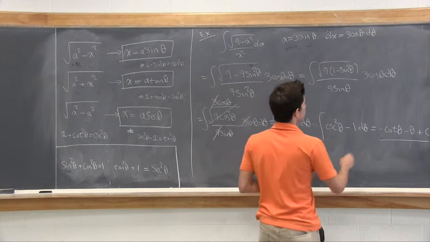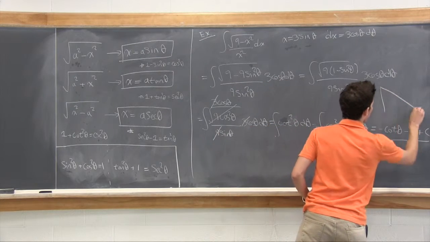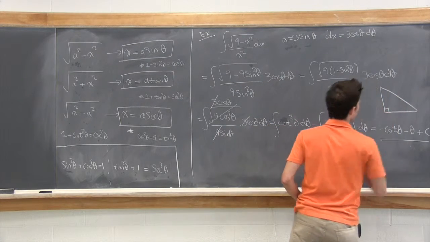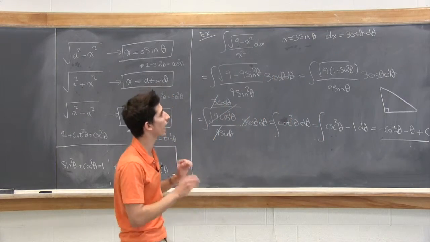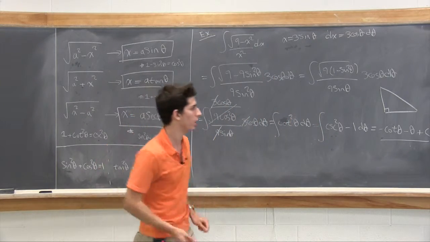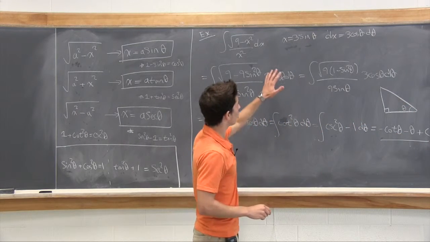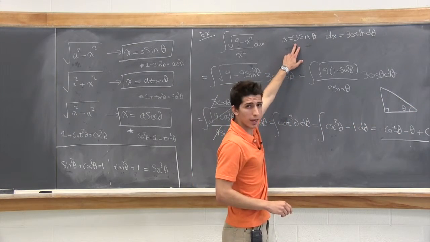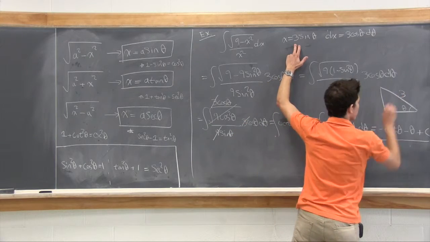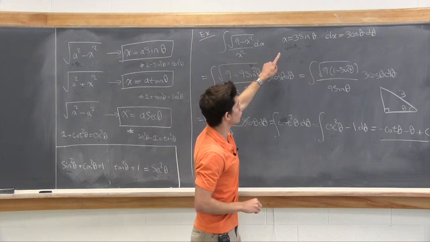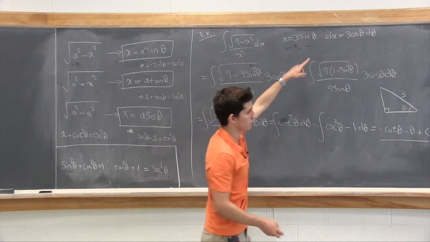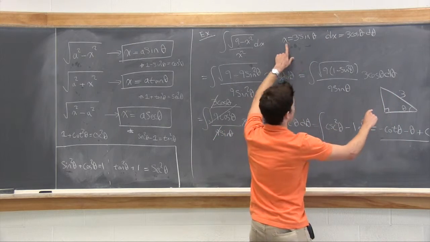So what we're going to do is draw the triangle, the right triangle that statement is describing. It's saying x is 3 times sine theta. So I'm going to draw a right triangle with an angle theta, and it's saying, look, if 3 were my hypotenuse, so I'm going to place it there, and I multiplied it by sine of theta, I'm going to get x.